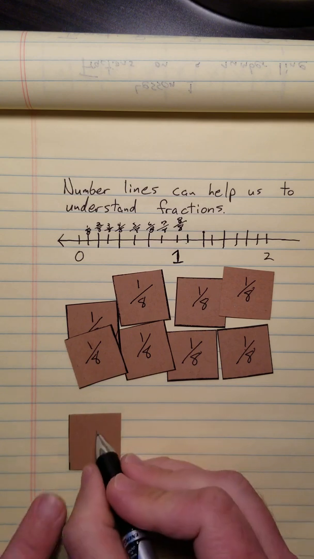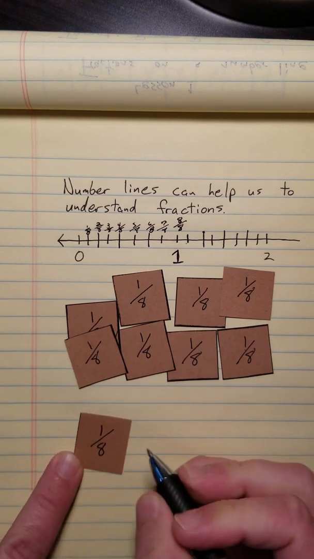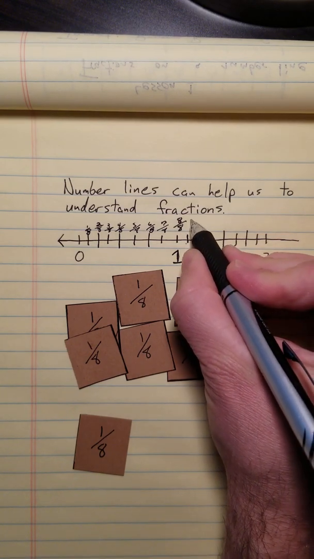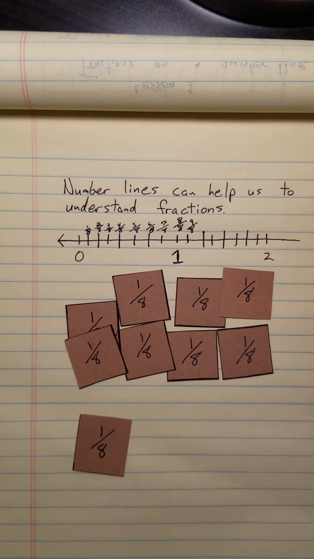That means this one here is nine eighths. That seems kind of crazy, right? But if each chocolate bar is divided into eighths, then I'm going to end up with even more.